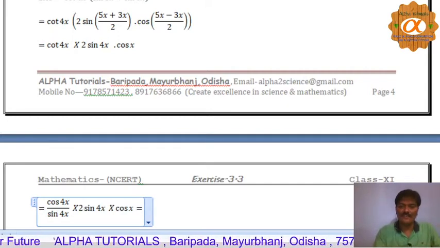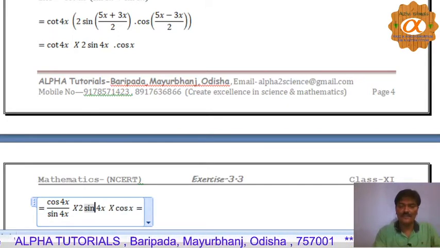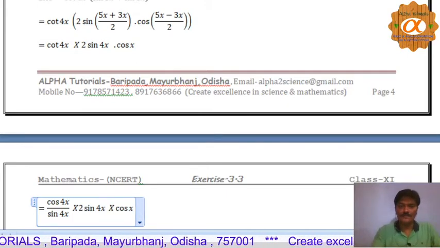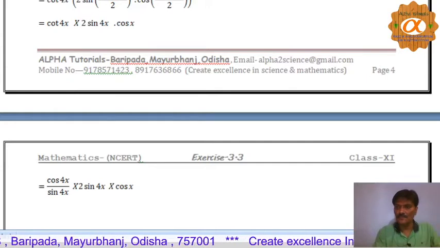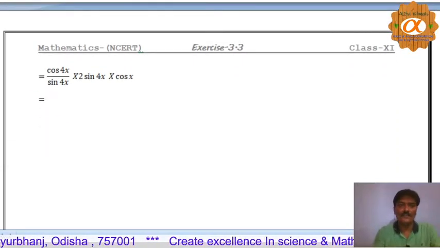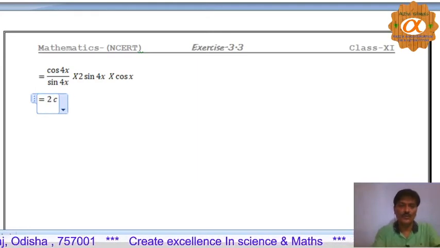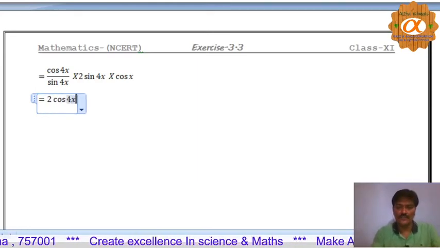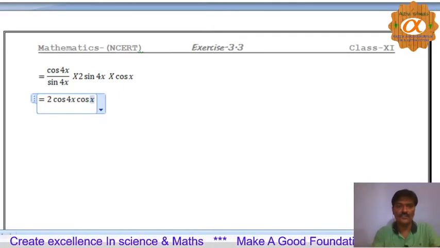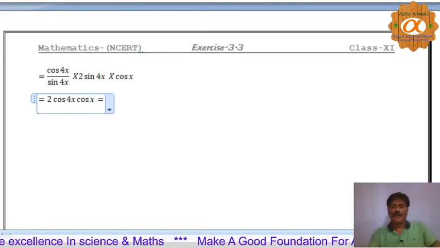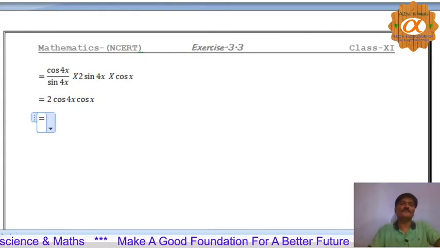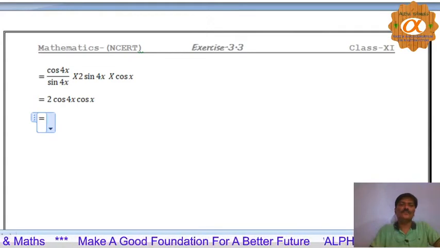Okay, sin 4x cancels out, and in the end what we get is 2 cos 4x multiplied by cos x. Now we can apply the formula of 2 cos A into cos B.